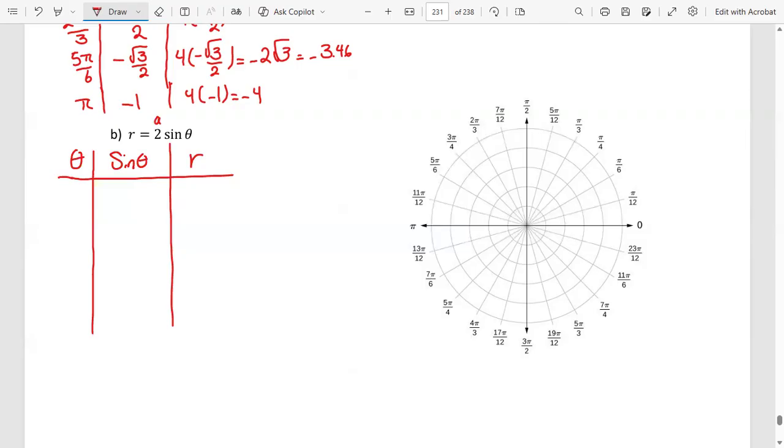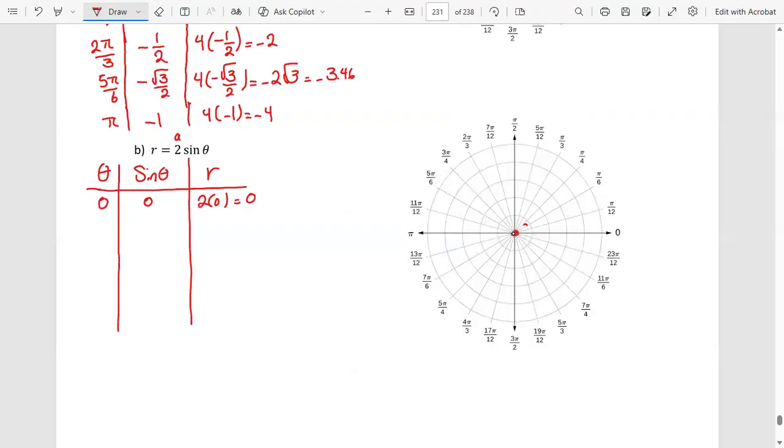Using the same points, if I replace theta by 0, I know that the sine of 0 is 0, and r, which is 2 times 0, is also 0. So 0 and 0. If I replace theta by pi over 6, the sine of pi over 6 is 1/2. And I know that r, which is 2 times sine theta, is 2 times 1/2, and it's 1.